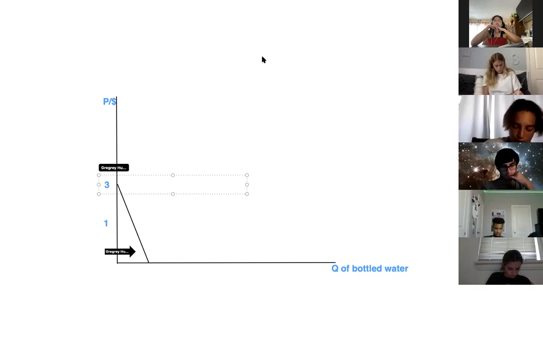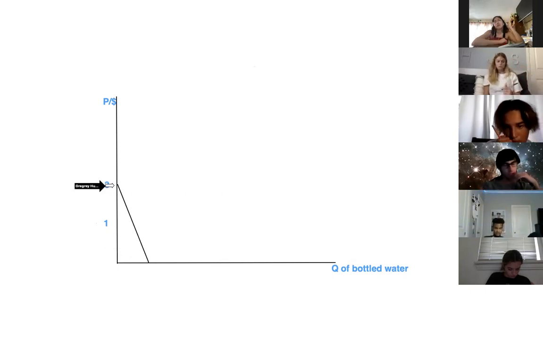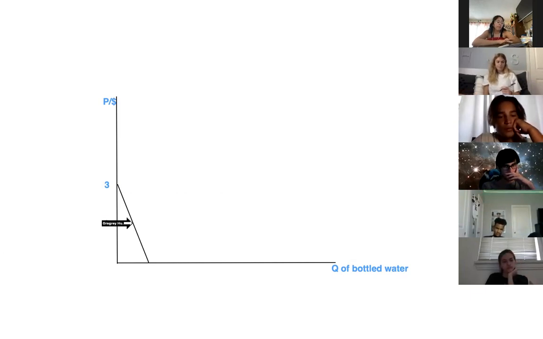So in my illustration, I'm saying at $3 per bottle, Anthony Ramsey demands 0 bottles of water. So this is the origin, that's 0 there. If you guys have any questions about that, just ask me. I'm assuming that everybody's on board here with the graph. And at $1, and I didn't specify the quantity, but if I go off of the line and I'll make up that corresponds to a quantity of 5.